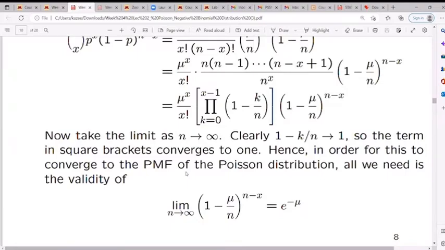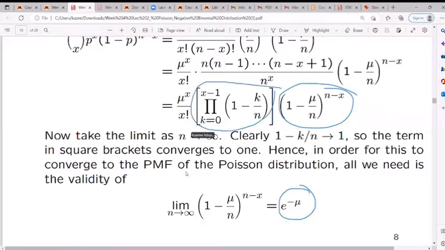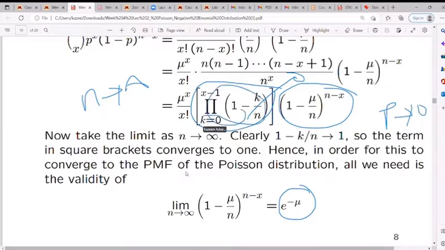Because if you take a look at this term, it's going to be 1. Why is it going to be 1? Don't forget, n tends to infinity, so k over n is going to be 0. Don't forget, I said p will tend to 0, and 1 minus 0 is just going to be 1. And of course, this other term is this at n tending to infinity.